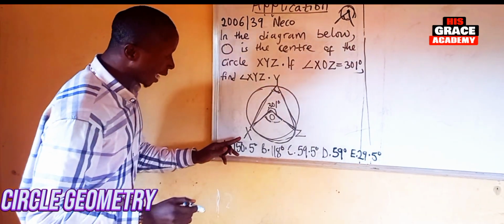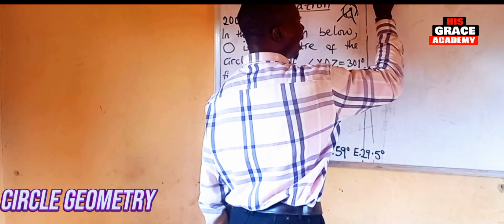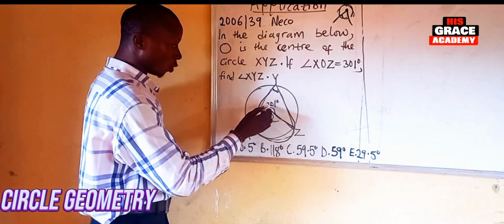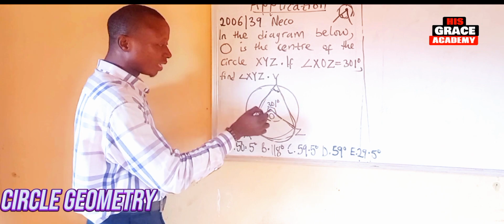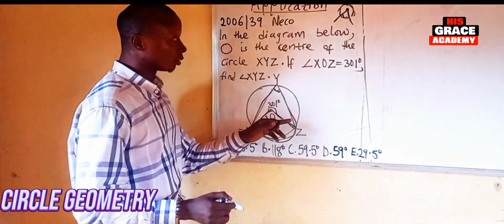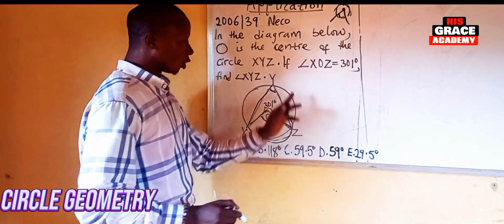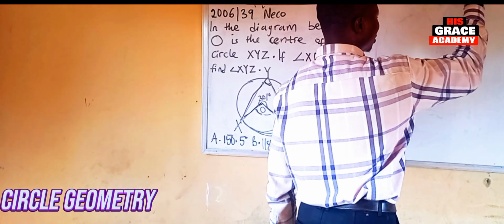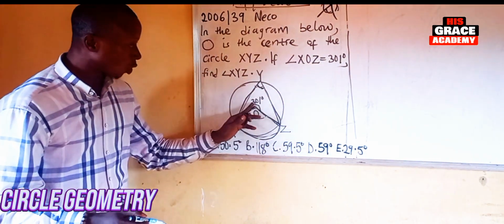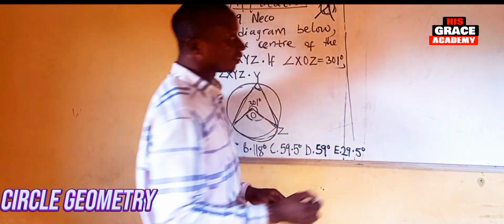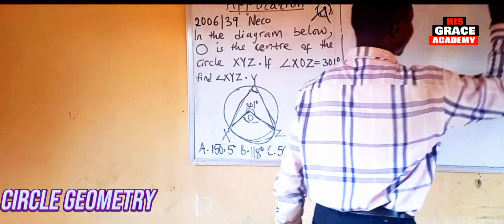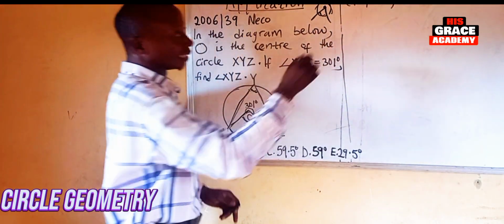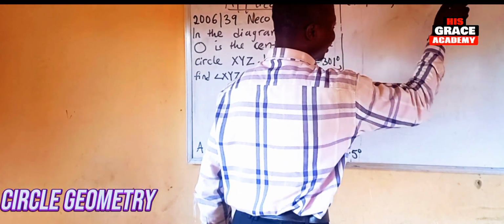I told you there are two cases for the center, reflex and obtuse. The angle SOZ in the first case is this side, the obtuse, plus angle SOZ, this side, the reflex, is equal to 360 degrees.